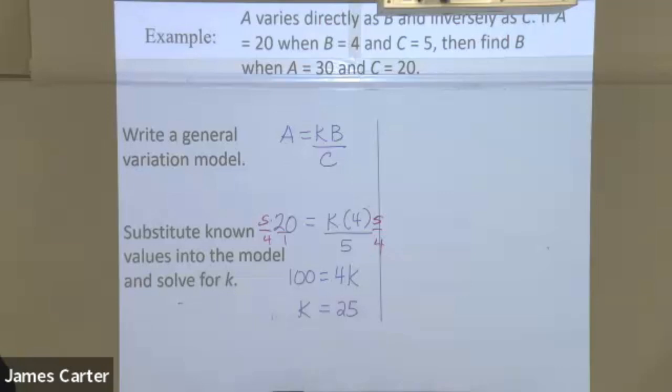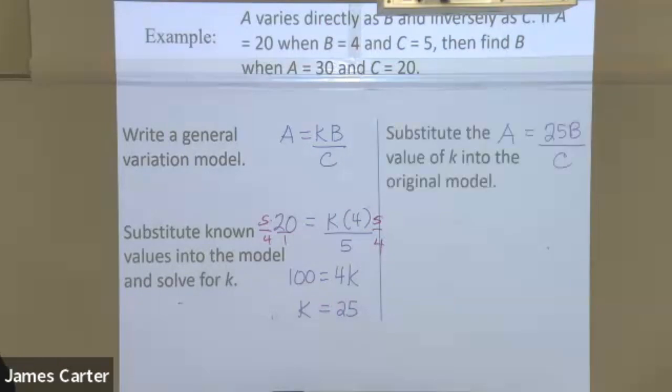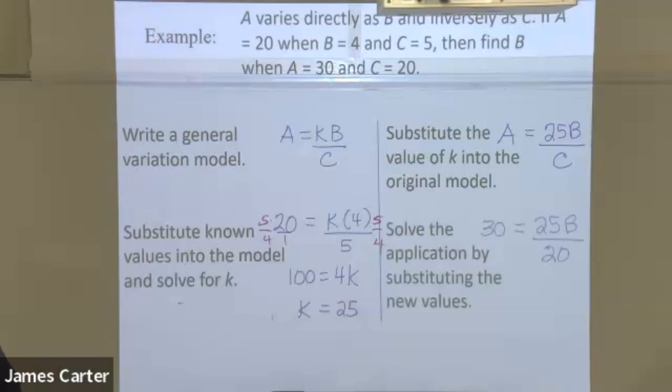Now, what do we do next? We take this equation and replace K. Replace C with the new C. And the A with the new A. So now we can find out what B is.